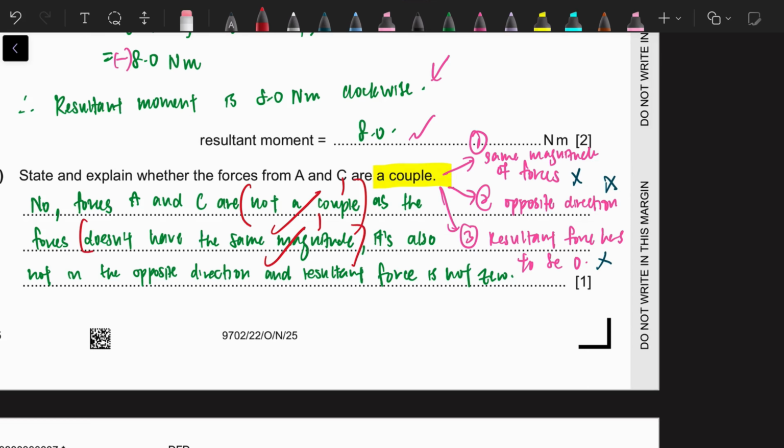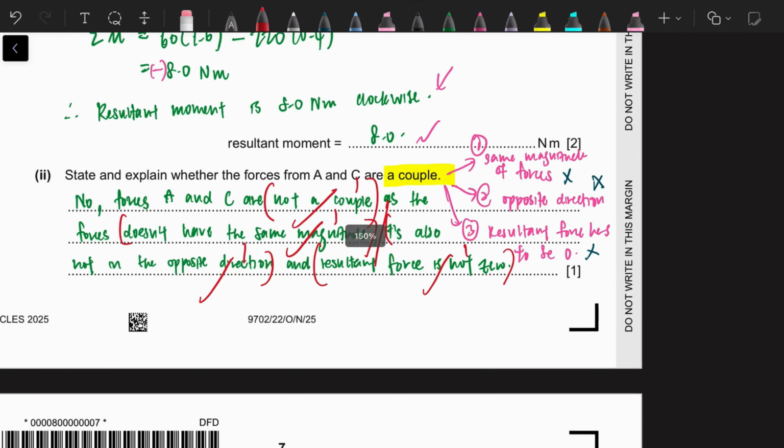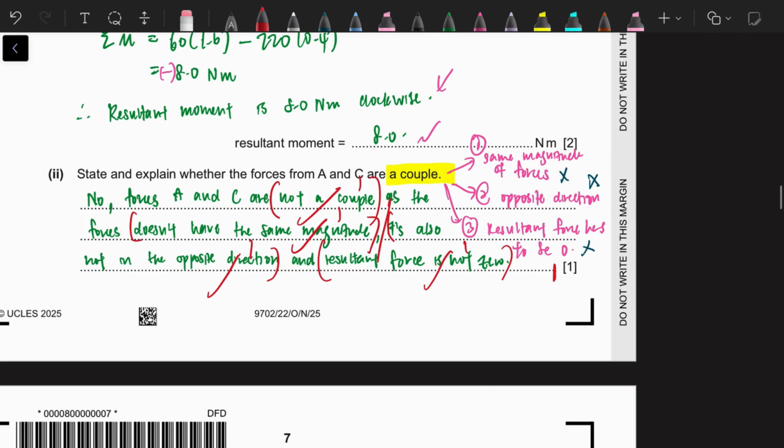So you can actually just stop here and you're good to go. Of course, it's always good to write more, as long as you're within the line. If it's over the line, they're not going to read it. So conclusion, they are not a couple.